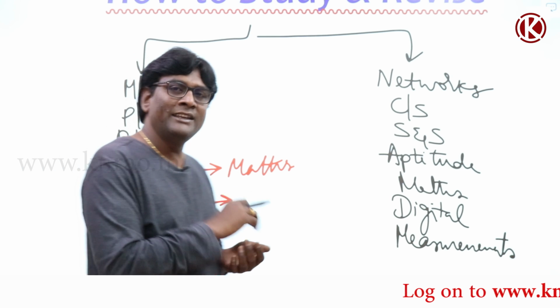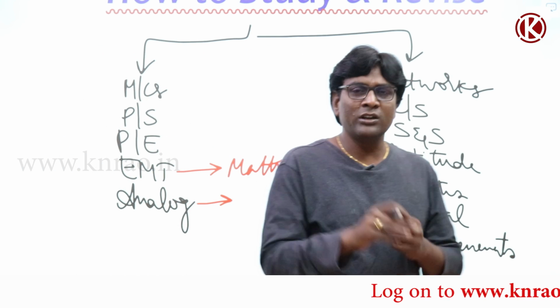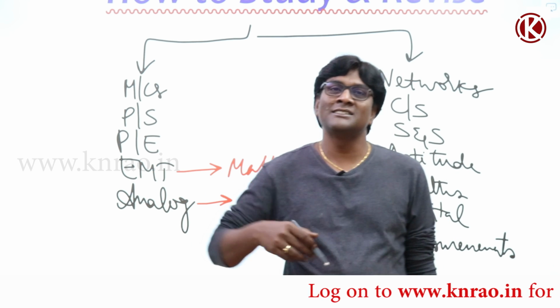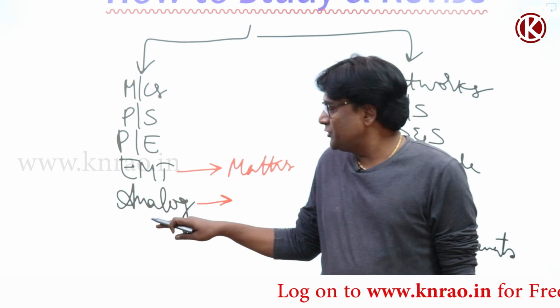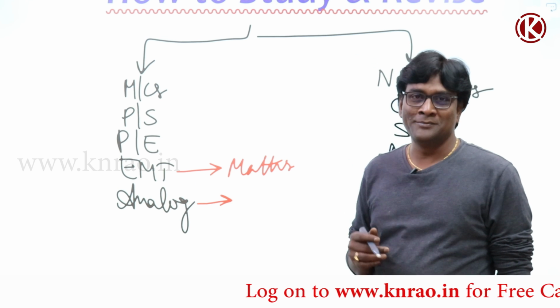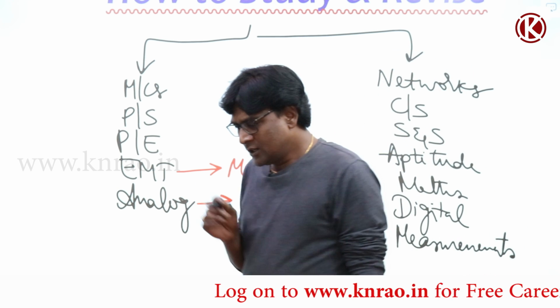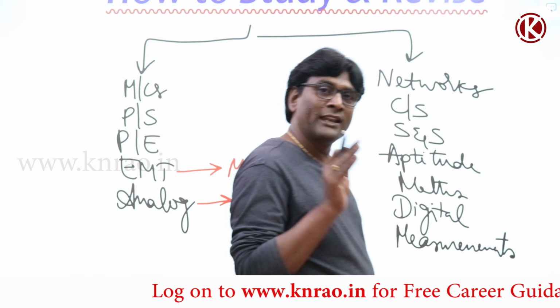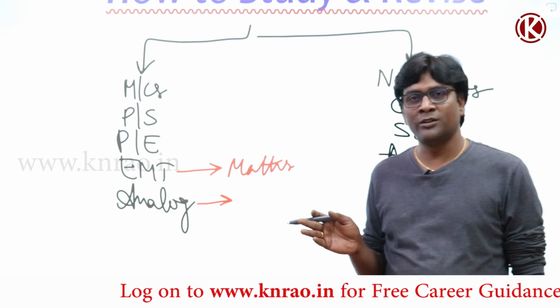Similarly analog electronics: normally we don't feel that analog electronics is ours. Why? Because we feel it is related to ECE electronics guys. So basically ECE guys have to analyze analog electronics in too much depth.